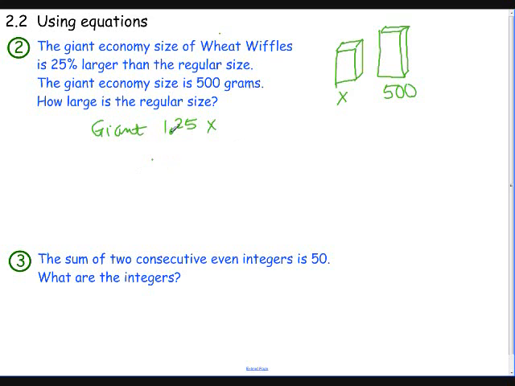Well, if the giant economy is 1.25x, and I also know that the giant economy is 500 grams, I can solve for x to find out what the regular is, which means I need to divide both sides by 1.25.